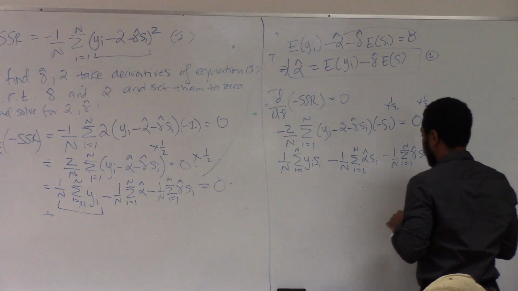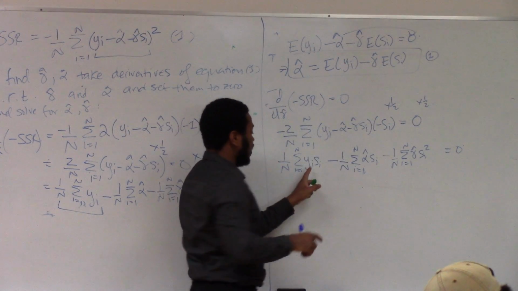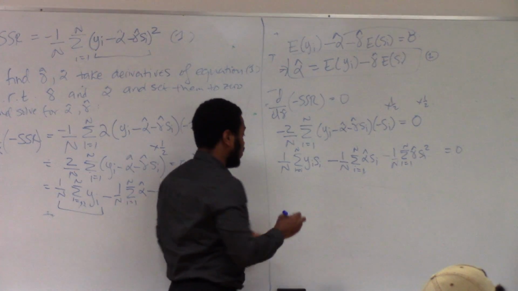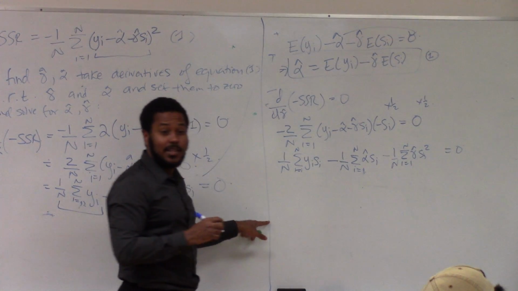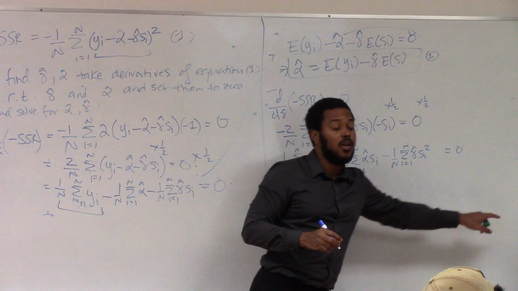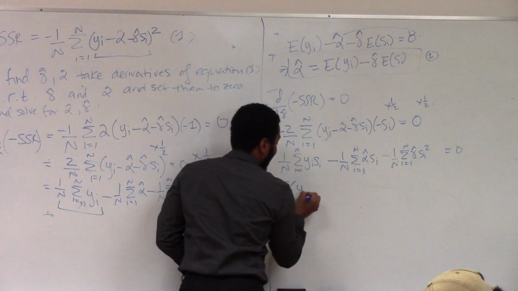Now, we can rewrite this. This is the average of yi times si, so this is just going to be the expected value of yi si. Can you guys in the back see down here?